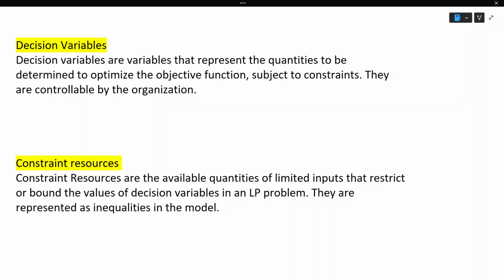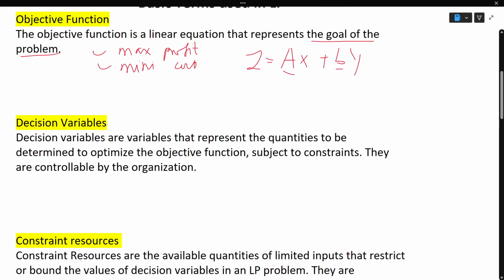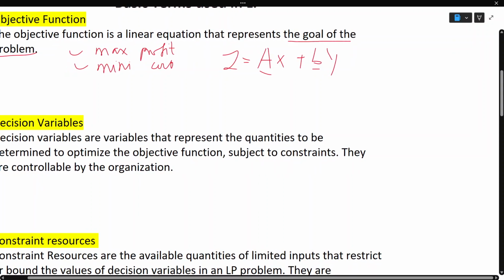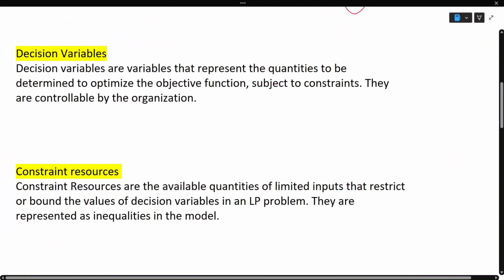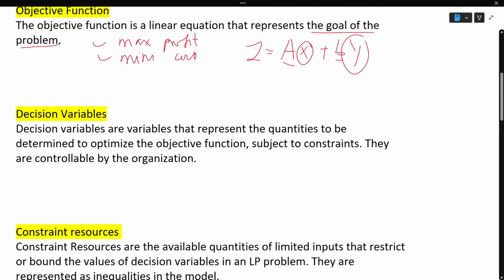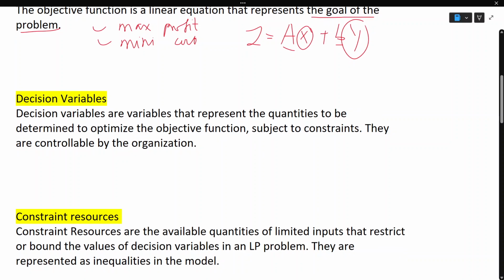They are controllable by the organizer. So in your previous equation, the x and the y are decision variables. They represent the quantities that the company combines in order to achieve the already established objective function.